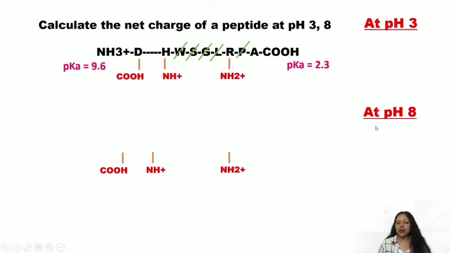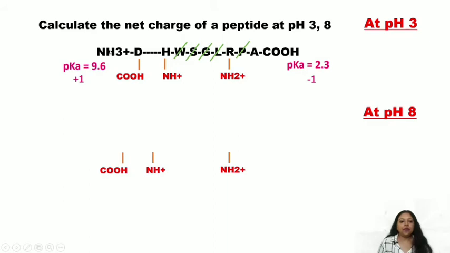Now the next point is to write the pKa values of the carboxylic and amino groups. Okay. Now the carboxylic group will have a -1 charge at pH 3 because pKa is less than pH, so it will deprotonate, and deprotonated COOH means a -1 charge. Okay.